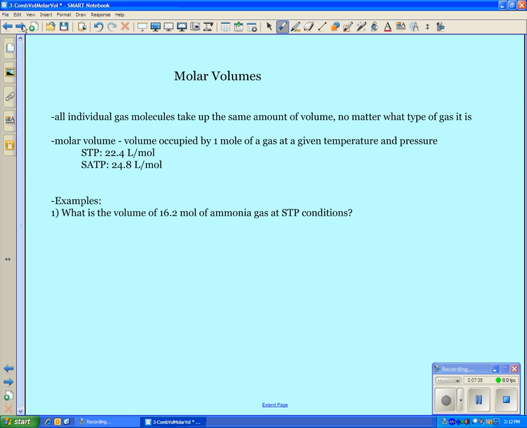Molar volume is an idea that relates the amount or moles of a gas to its volume. And this is generally done for specific conditions. All individual gas molecules take up the same amount of volume no matter what type of gas it is. So for any gas, we can determine the volume that's occupied by 1 mole of gas at a given temperature and pressure.